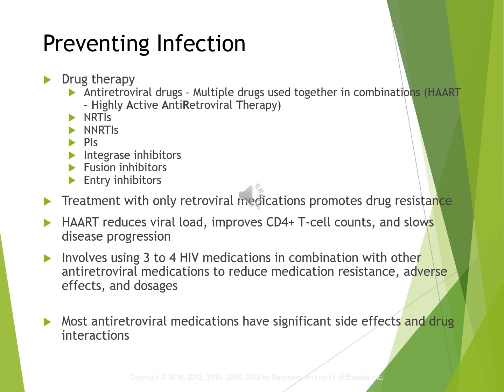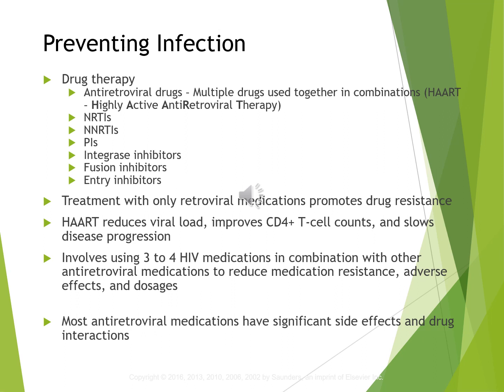In addition to all those basic things we know about people who are immunocompromised and things we want them to do to prevent infection, we also look at the drug therapy for HIV, because we know if we can keep that viral load down, that CD4 count should stay higher, and so the patient has better protection from infection.